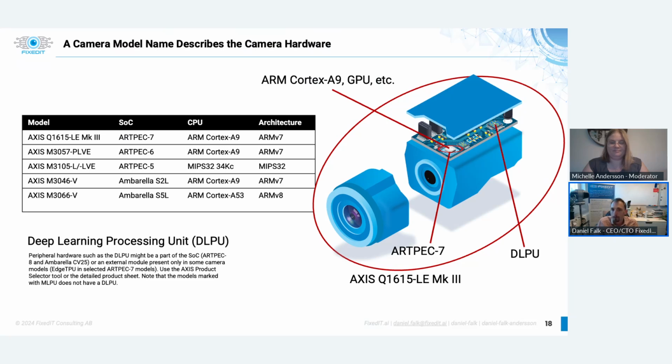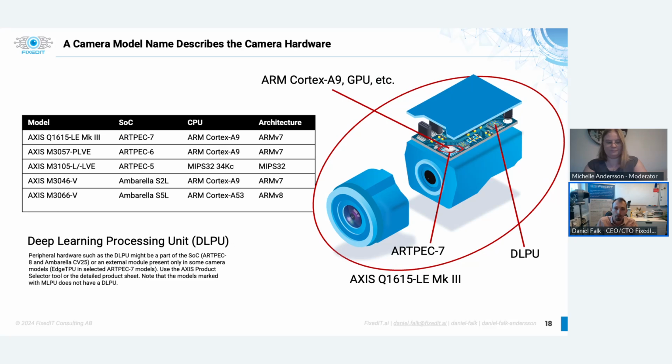But starting from the developer's perspective, we can take a bottom-up approach instead and say that the most important thing we want to know is which architecture the camera is running. So to the right in this table, we can see that the different camera models we have listed here are using ARMv7, MIPS32, ARMv7, ARMv8.